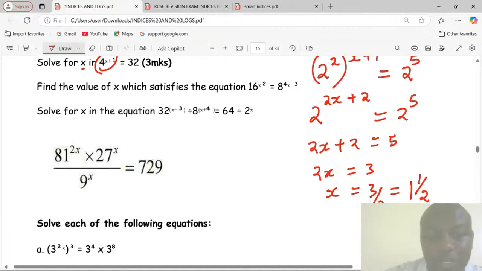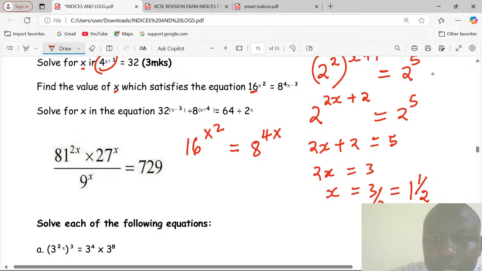Look at another question whereby we are being told to find the value of x which satisfies the equation 16 raised to x squared is equivalent to 8 raised to 4x minus 3.